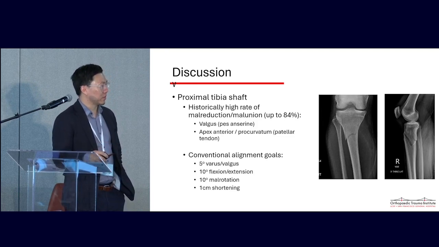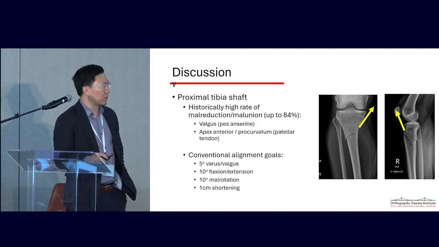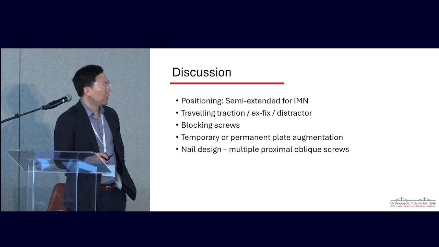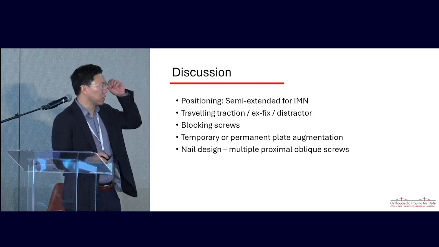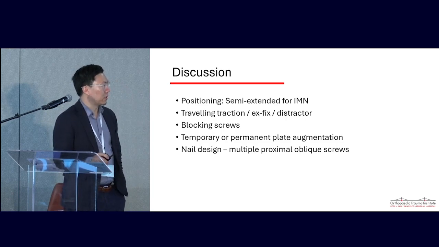I think I'll just skip over this part so we know that there's a valgus apex anterior deformity. And then just some comments. I think we talked about the semi-extended positioning for proximal tibia fractures. We went over earlier, there was discussion about traveling traction.